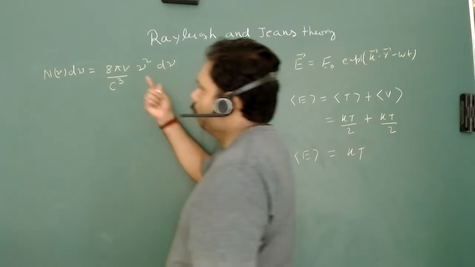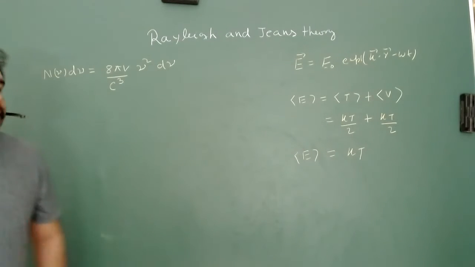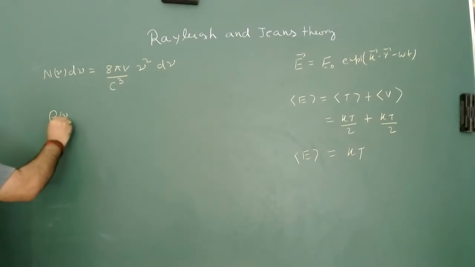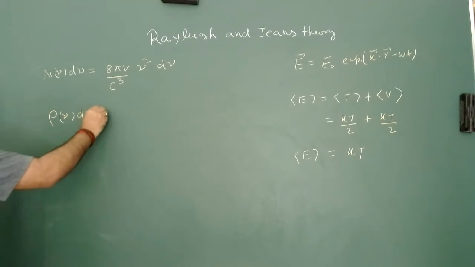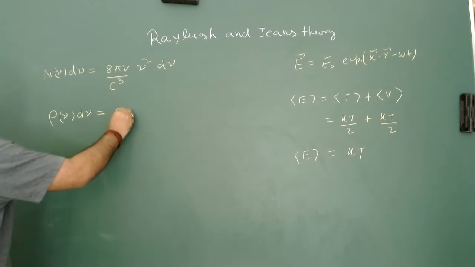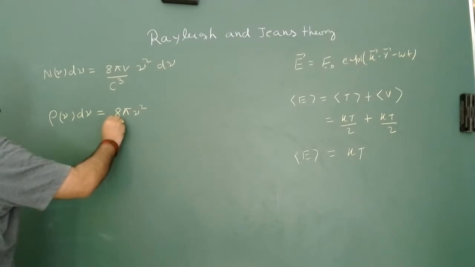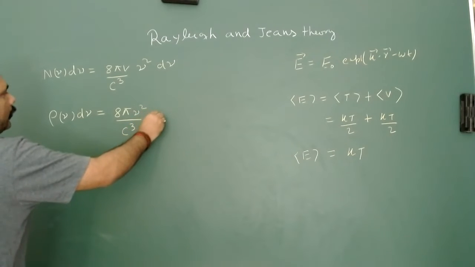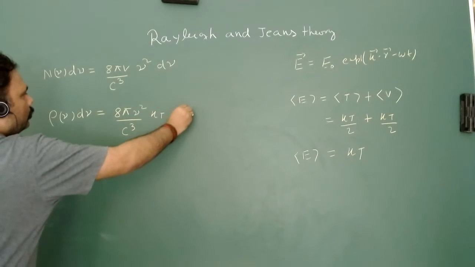So we can use a different notation for the energy, and I can divide by the volume. So this will be rho nu d nu is equal to 8 pi nu square upon c cube times kT times d nu.